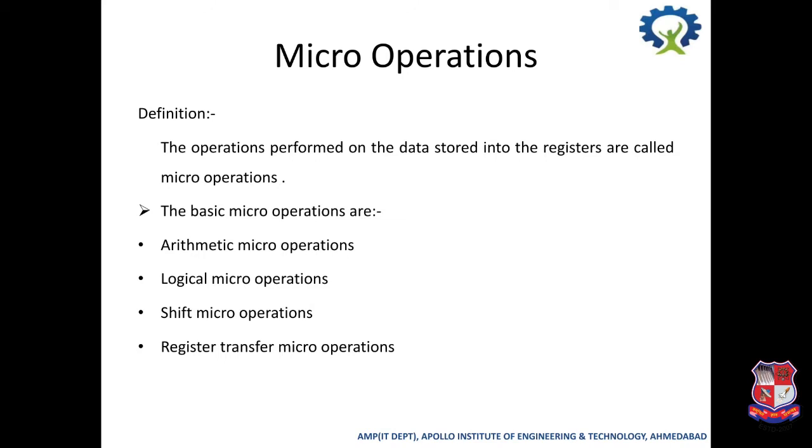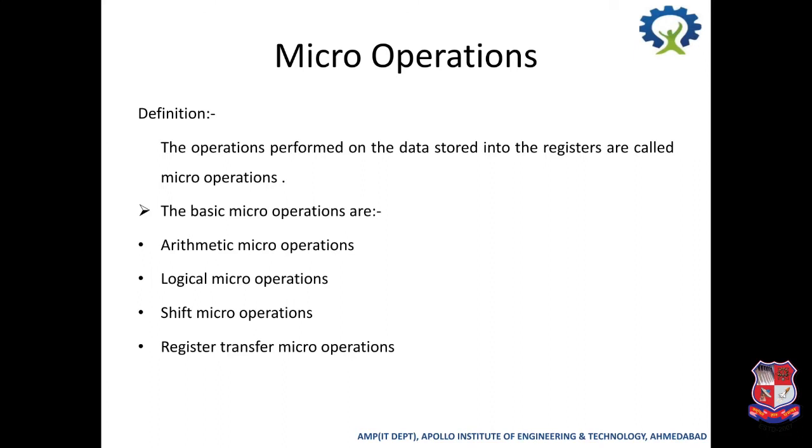There are basically 4 types of micro operations: arithmetic micro operation, logical micro operation, shift micro operation, and register transfer micro operation. In an arithmetic micro operation, an arithmetic operation is performed on the numeric data stored in the register.